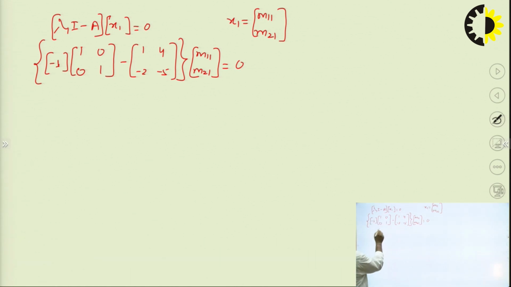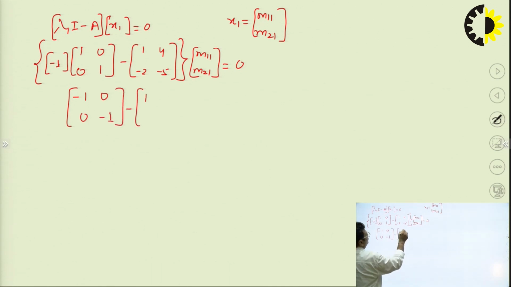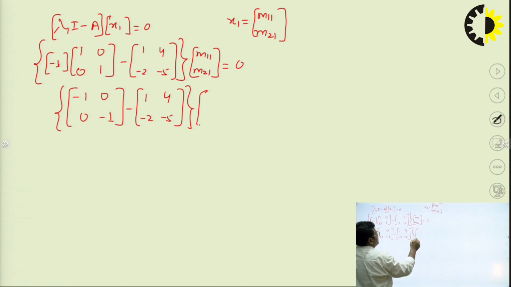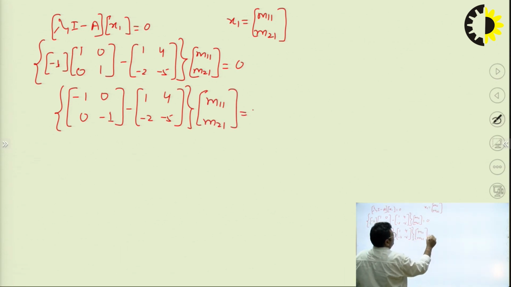So now if I solve this, I will get [minus 1 0; 0 minus 1] minus [1 4; minus 2 minus 5], multiplied by m11 and m21 is equal to 0.